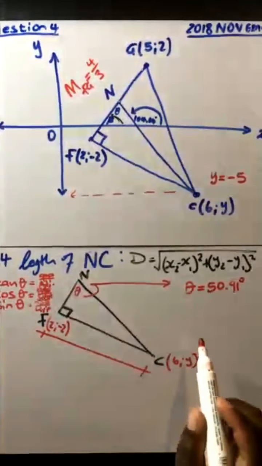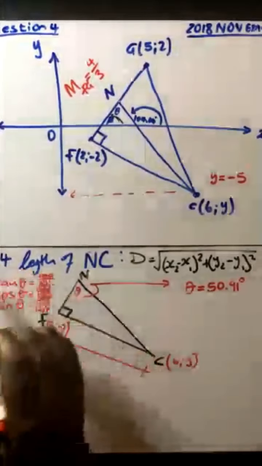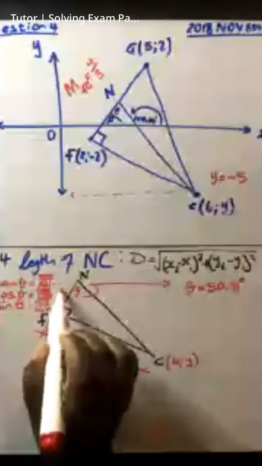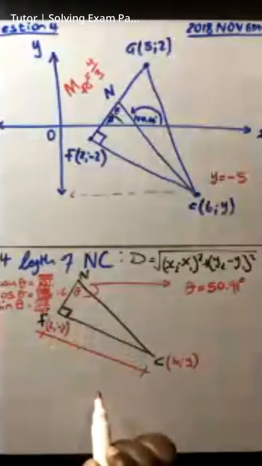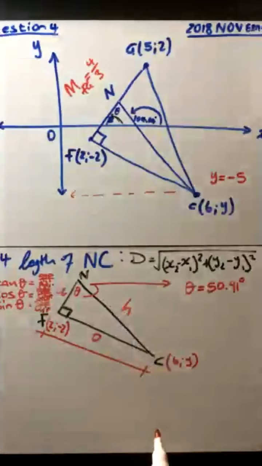So, guys, if we can find this length, what can we use over there? Is it tan? Is it cos? Is it sine? Sine. I agree, because this is adjacent, this is opposite, this is hypotenuse.